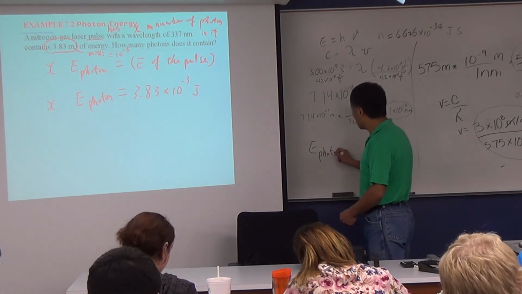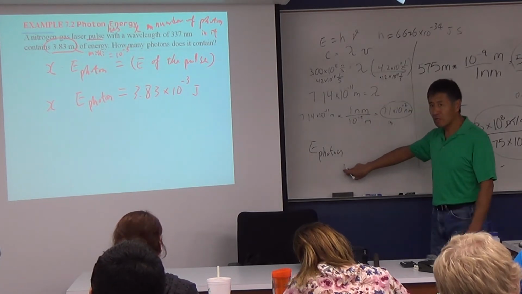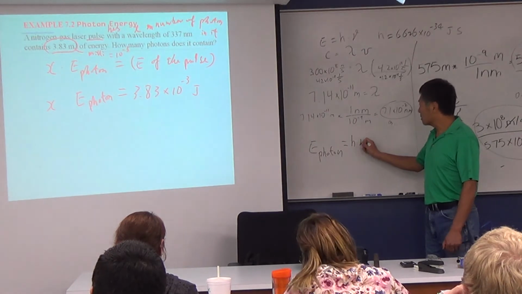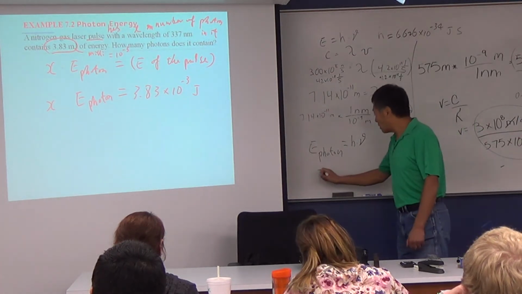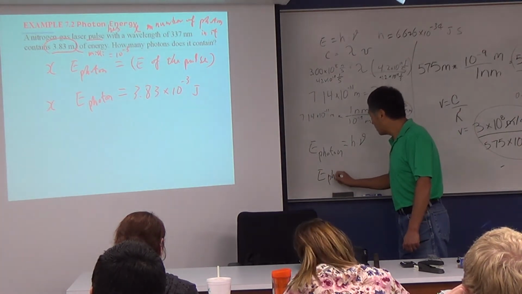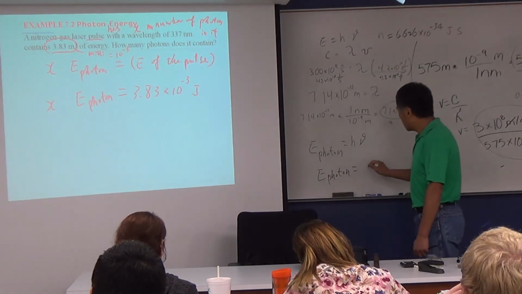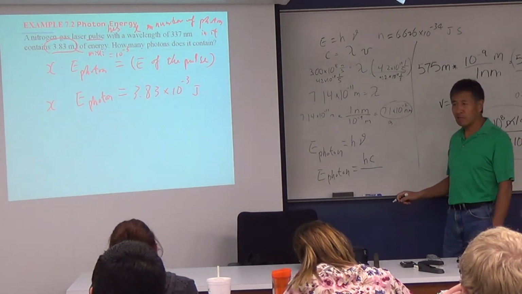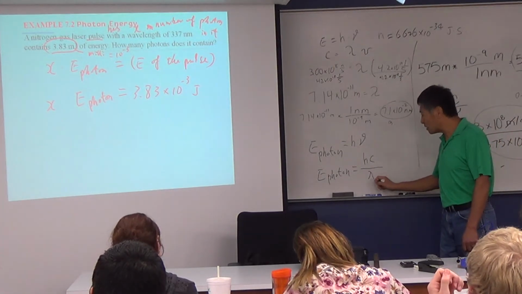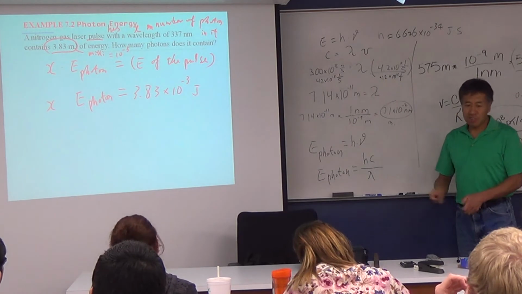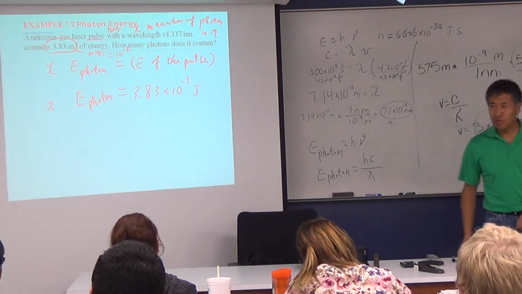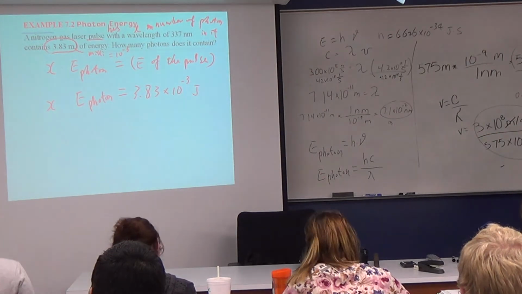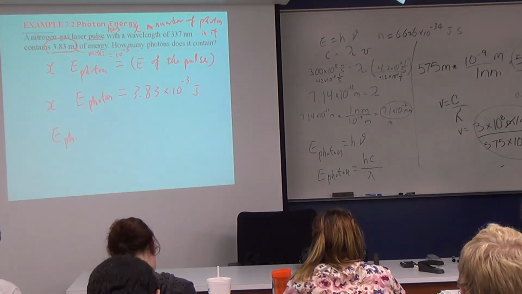I will put a new notation here, E for one photon, which equals h times nu, or the other equation, E for one photon equals hc divided by lambda. Which equation is easier for this problem? The second one, right? So use the second one or the top one.